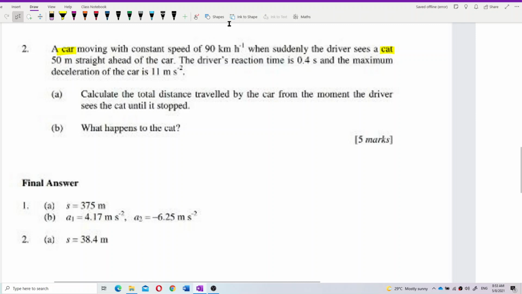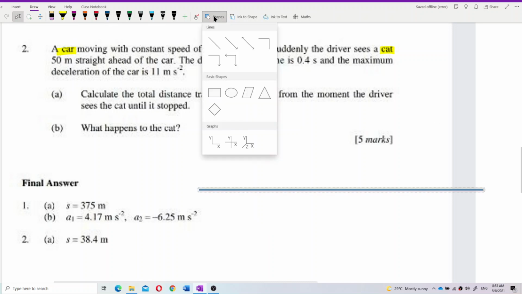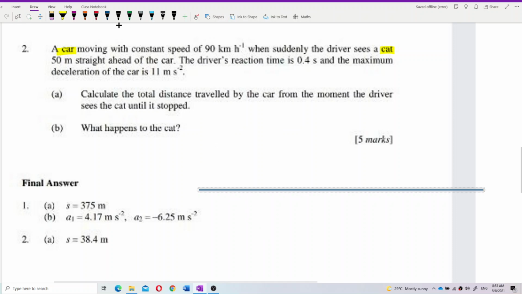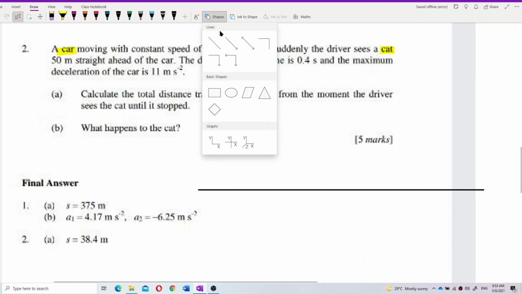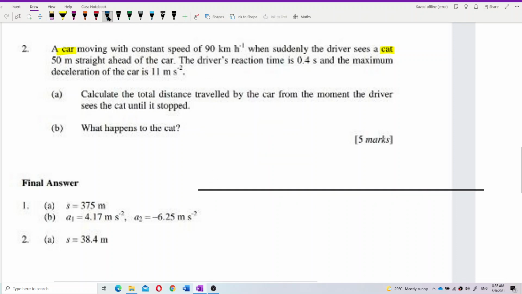So I can draw a road here. And then there is a car. Maybe black color is enough.